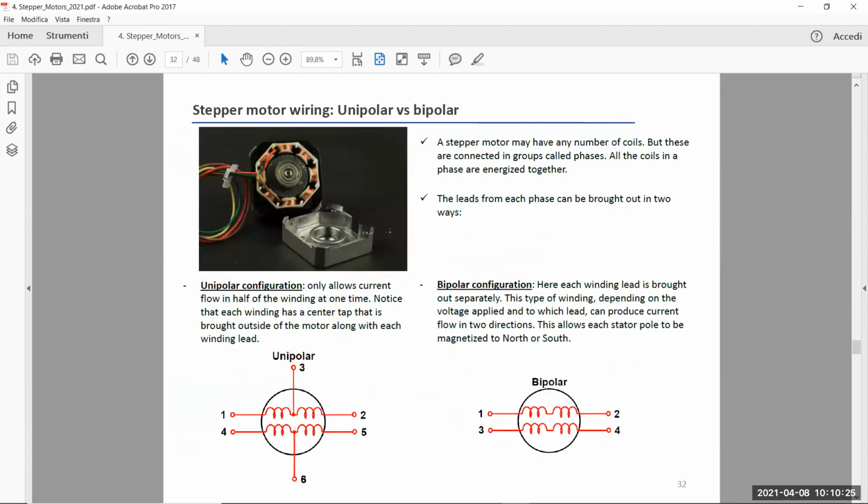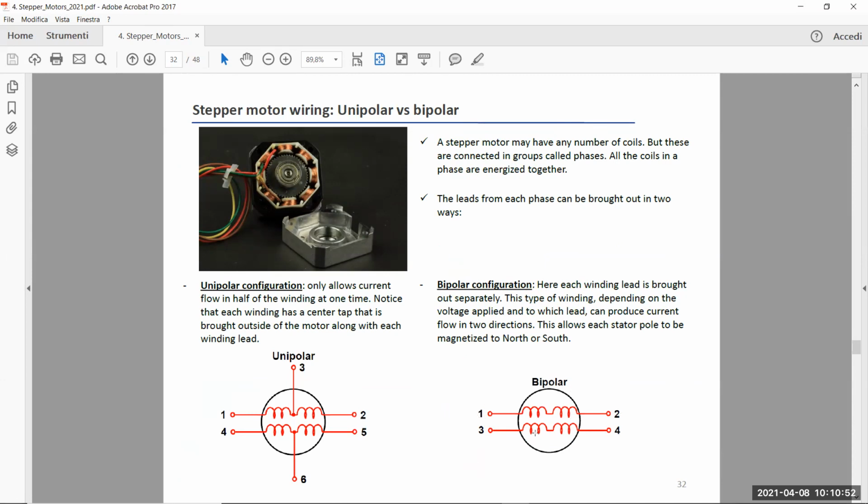There are two basic mechanisms by which you can have this kind of wiring in the stator phases. What I described up to now is what is called the bipolar configuration. For example, look at these two windings in this picture. Here you have terminals 1 and 2, and 3 and 4.